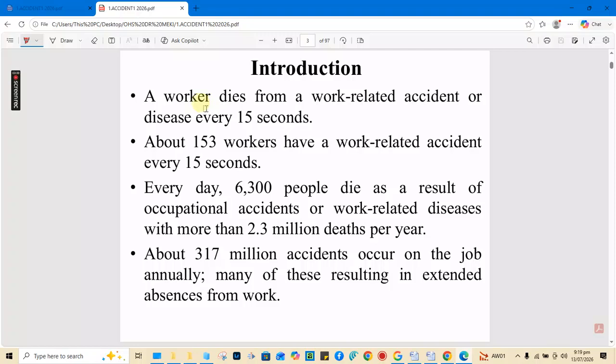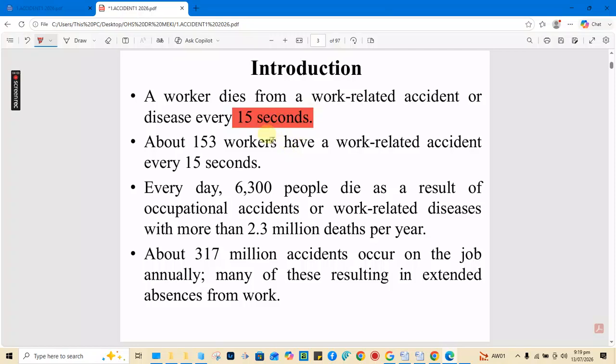So a worker dies from a work-related accident or disease every 15 seconds. These are some of the things that we have to know, and questions can come from here. So the first question is, a worker dies from a work-related accident or disease every dash. This can be the answer: every 15 seconds.